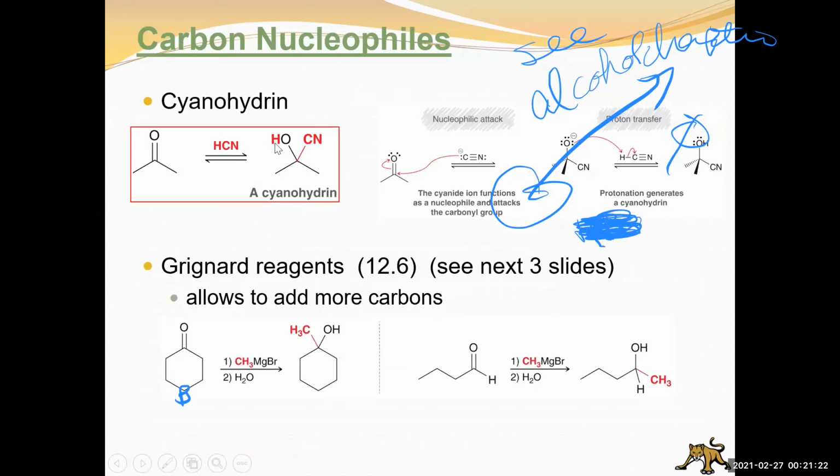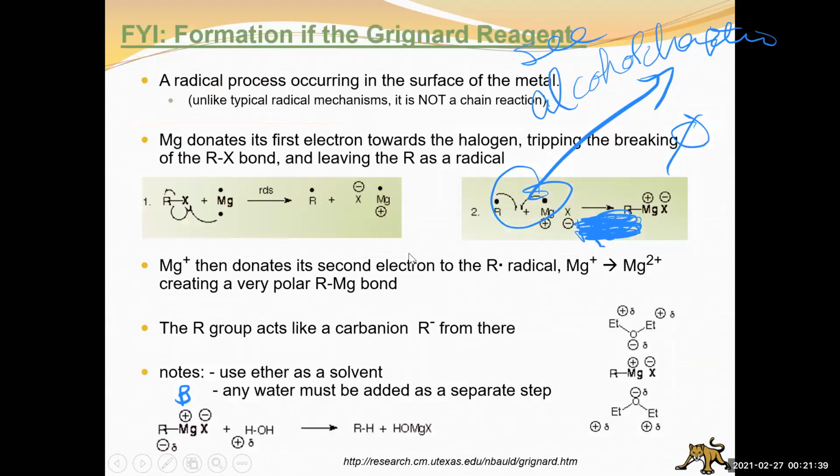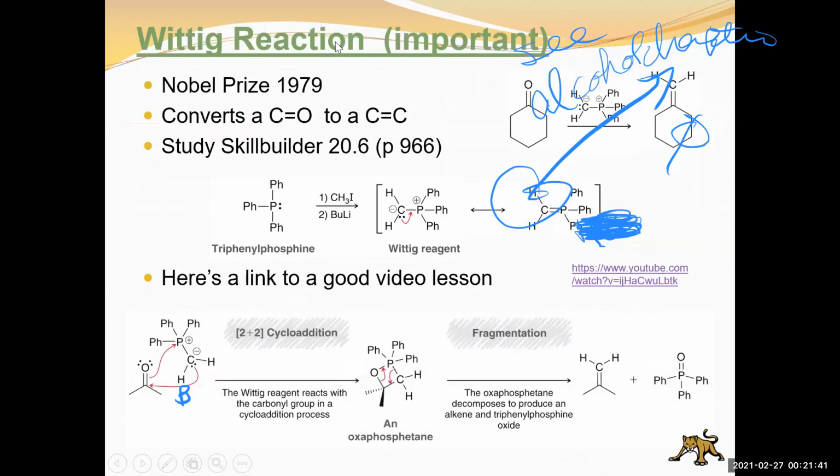That's the last slide we needed to cover. We'll do carbon nucleophiles in the next Zoom video. Goodness knows I need to take a break before I dive into Grignard reagents. There's that chapter reference. And then the Wittig reaction. You can say it Wittig or Wittig.